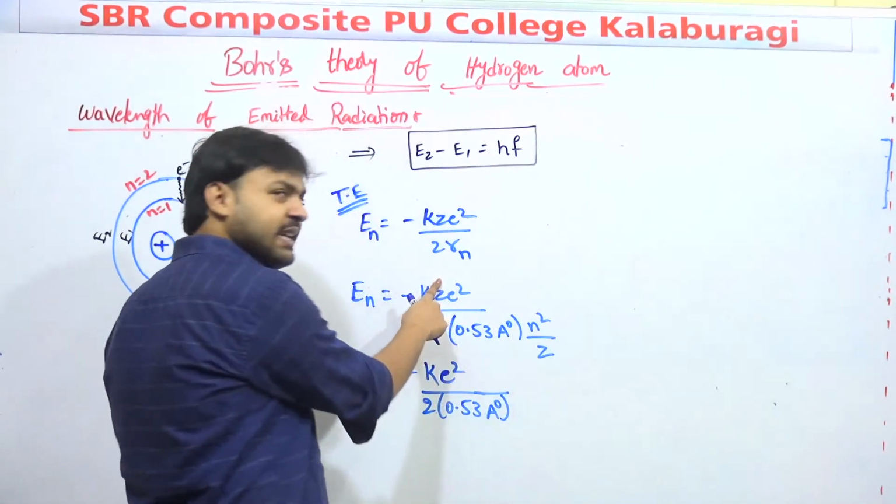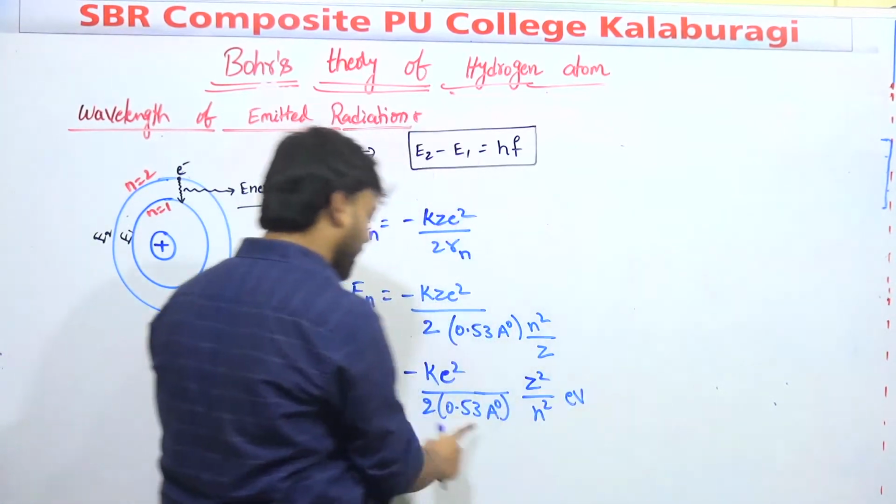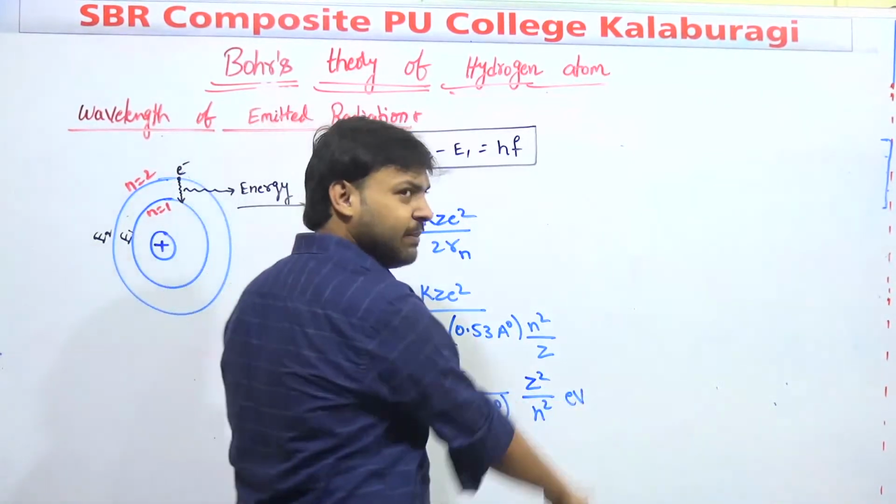Z will go to the numerator, Z square by n square, in electron volts. Why? Because the wavelength is in angstroms, so energy will be in electron volts.